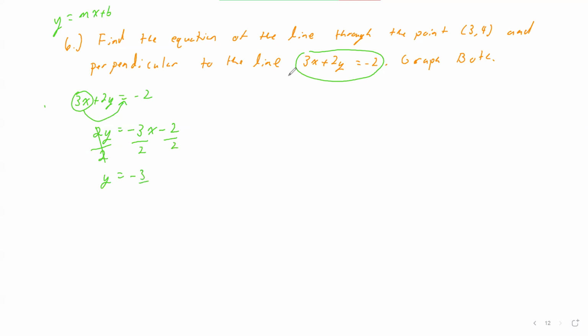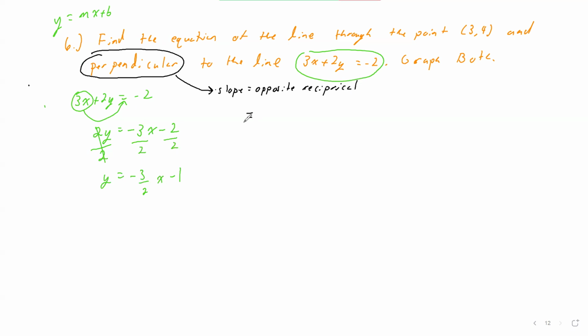I think it's the same equation, is it not? Oh man. So original. So it'd be -1. Slope is different on this one. So that's that first part. To be perpendicular, the slope is opposite reciprocal.